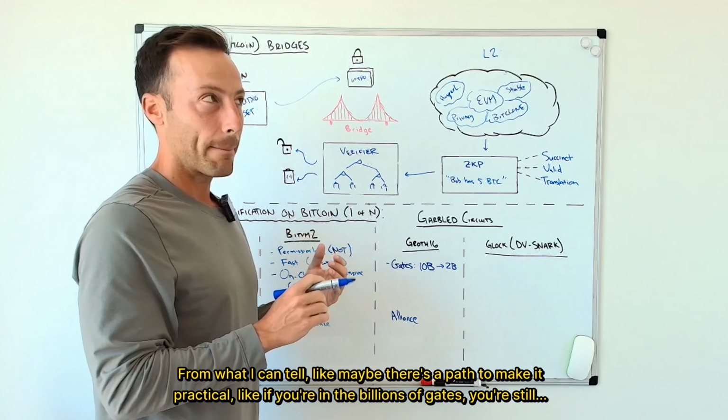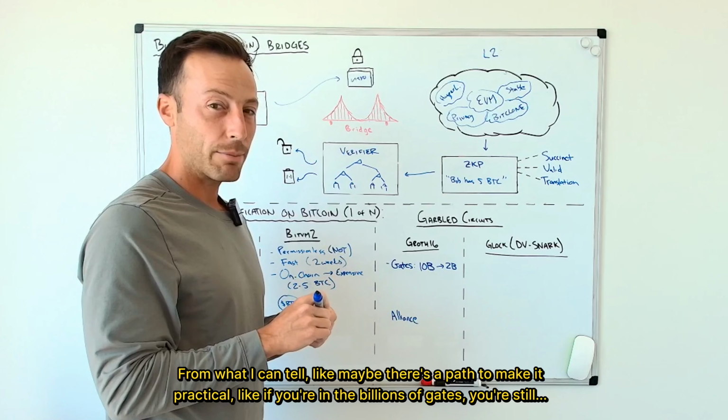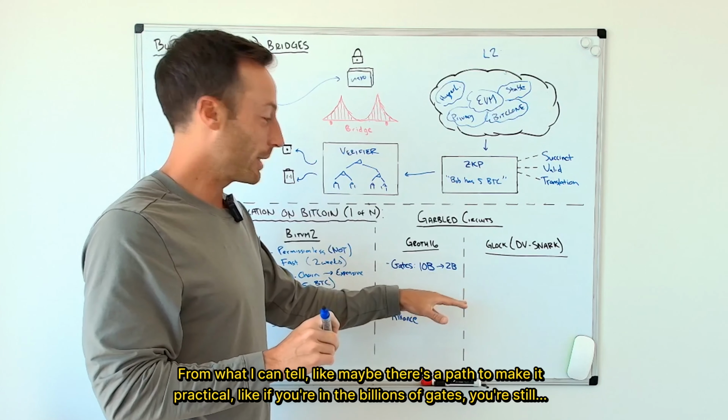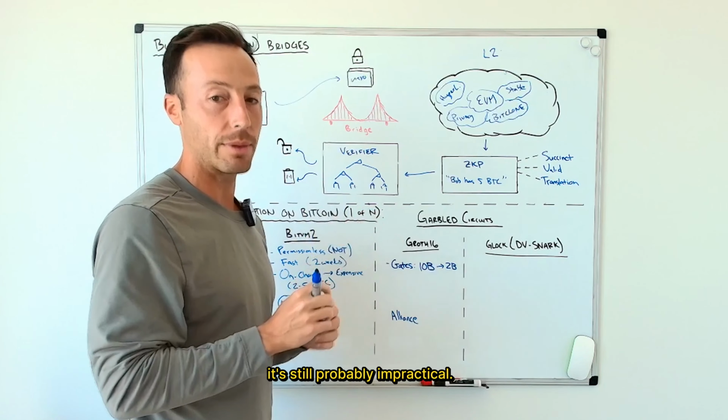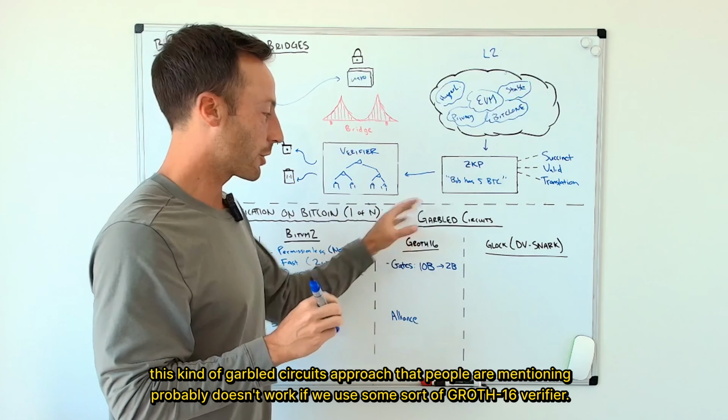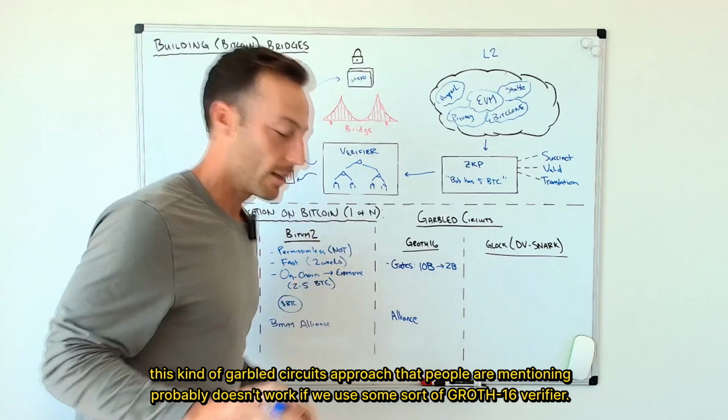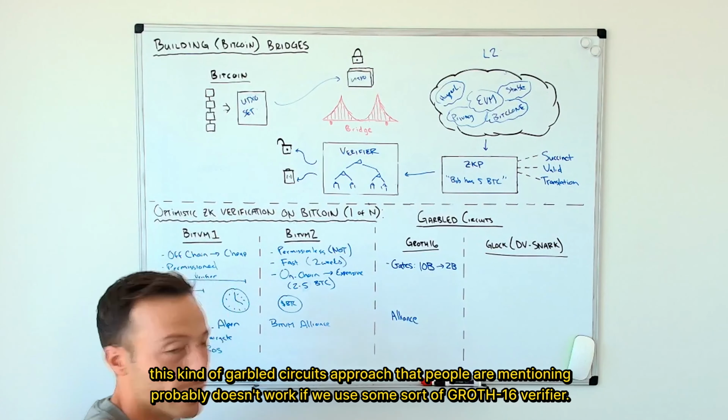From what I can tell, maybe there's a path to make it practical, but if you're in billions of gates, it's still probably impractical. So this garbled circuits approach that people are mentioning probably doesn't work if we use some sort of Groth16 verifier.